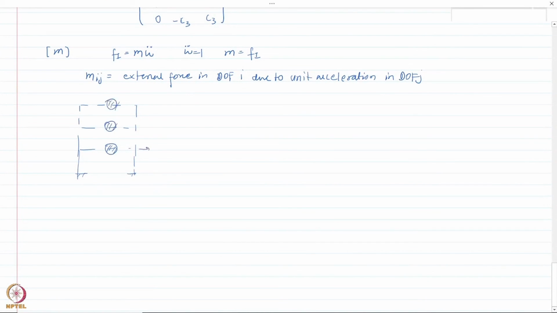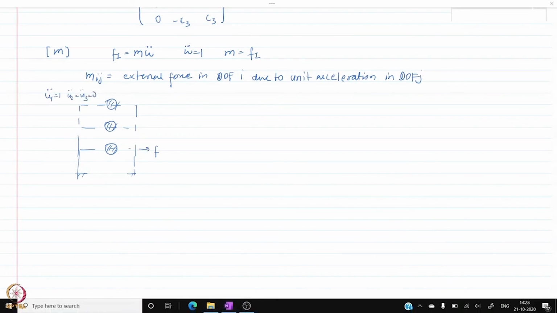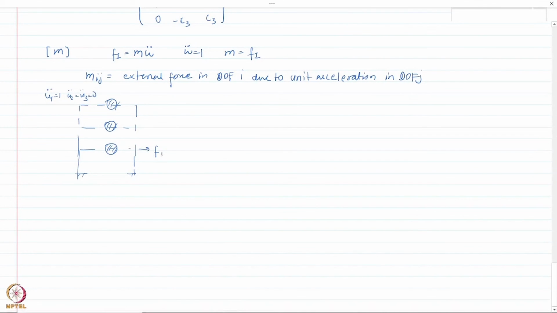And if I apply a unit acceleration, so let us say u1 is equal to 1 and u2 and u3 accelerations are 0, then this is f1 due to unit acceleration at 1. This is at degree of freedom 2 due to unit acceleration 1, degree of freedom 3 due to unit acceleration at 1.